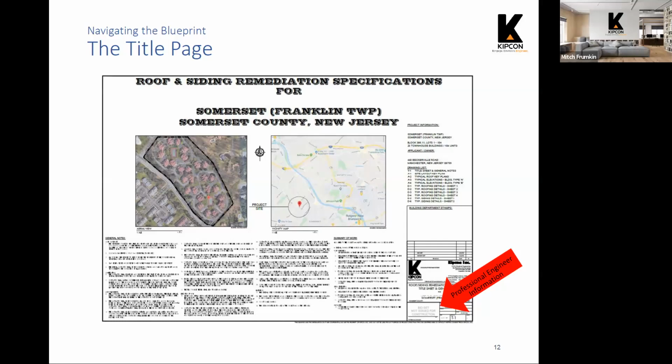In some cases, there are types of specifications that don't require permits to be pulled or any kind of municipal approval, in which case this block will often be left blank, and it'll simply say something like bid issue. These plans get issued as part of a larger bid package directly to the contractor without any kind of municipal approvals. And so in that case, you wouldn't see an engineer's signature here. But again, if there are permits that need to be pulled or municipal approvals, this is where you'll see the signing engineer for the project.